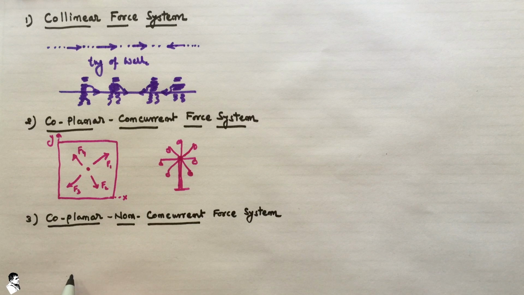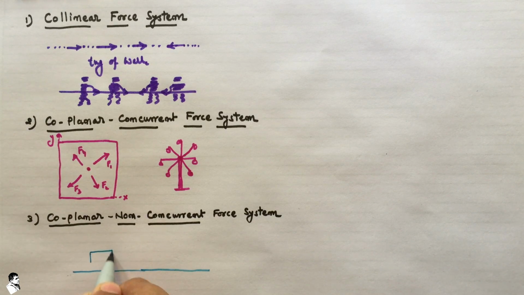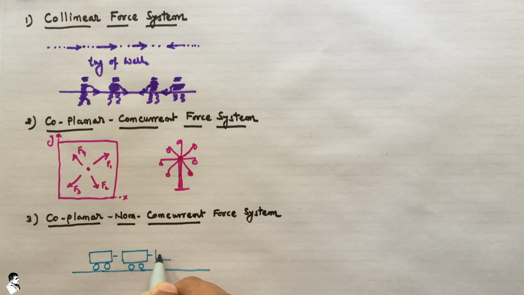So if we take an example of our train system, these are the compartments of the train. So there are a number of compartments attached with an engine.